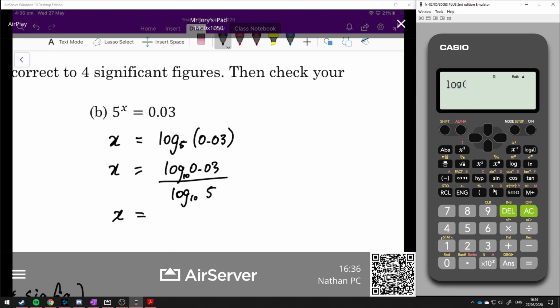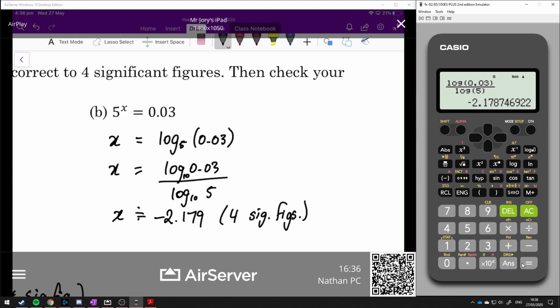And then we're going to get our answer by substituting in. So log of 0.03 over log of 5. Okay, so it gives us an answer of approximately negative 2.179. That's to 4 significant figures.